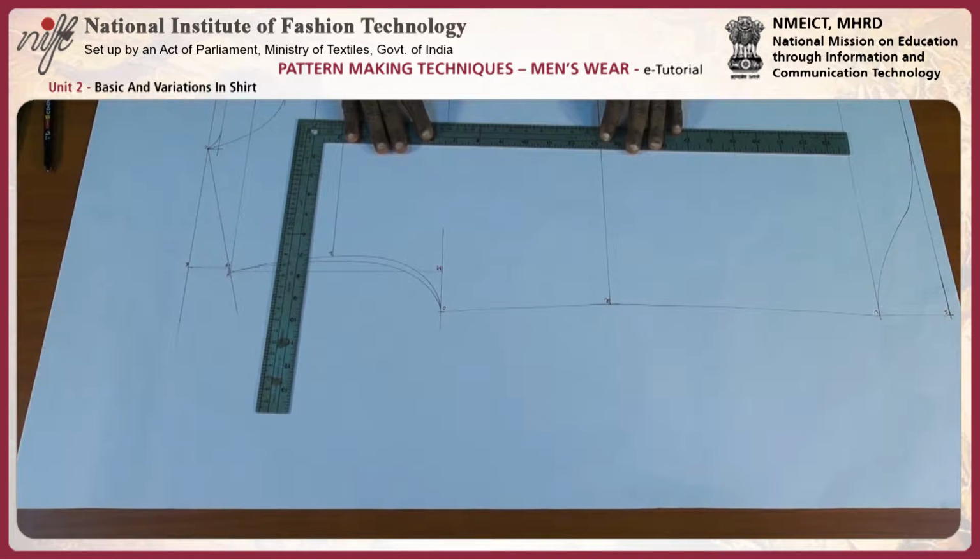Let us start the fifth diagram, which will be with the extension of center front, pocket placement and button placement, then the shoulder, front shoulder overlap.